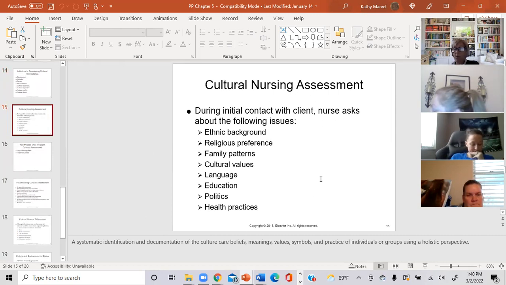So how do we do a cultural nursing assessment? This would be the equivalent of how do we do a community assessment, an environmental assessment, a safety assessment. How do we do a cultural assessment? Here are some of the things that we need to find out.